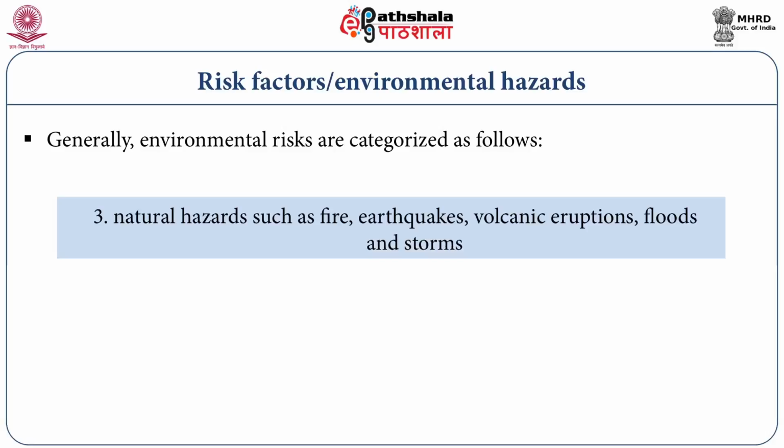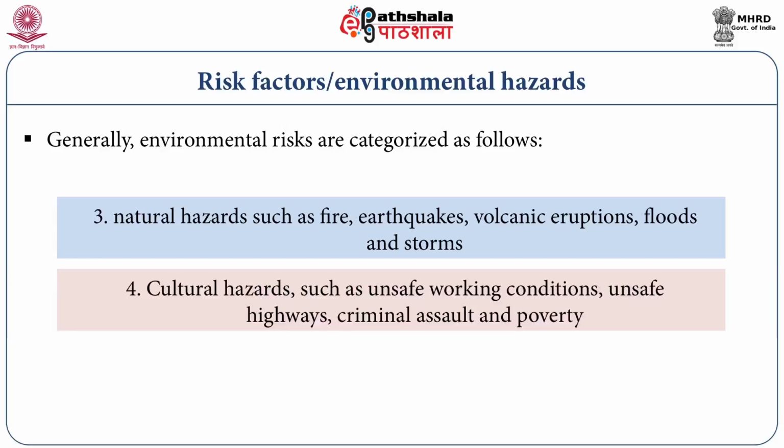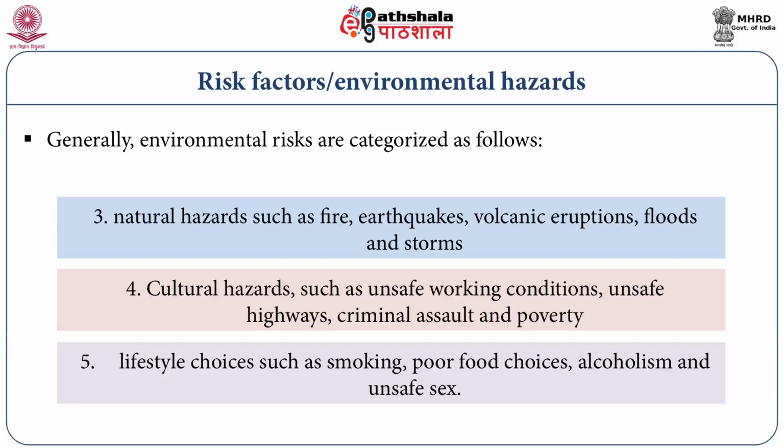The third are natural hazards, such as fire, earthquakes, volcanic eruptions, floods, and storms. Fourth, we have cultural hazards, such as unsafe working conditions, unsafe highways, criminal assault and poverty. And finally, lifestyle choices such as smoking, poor food choices, alcoholism, and unsafe sex.